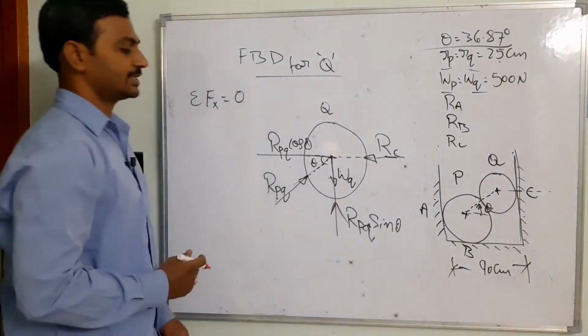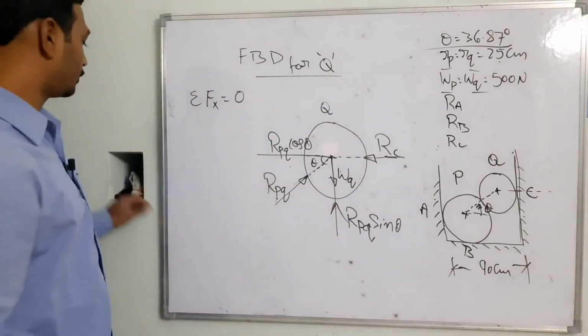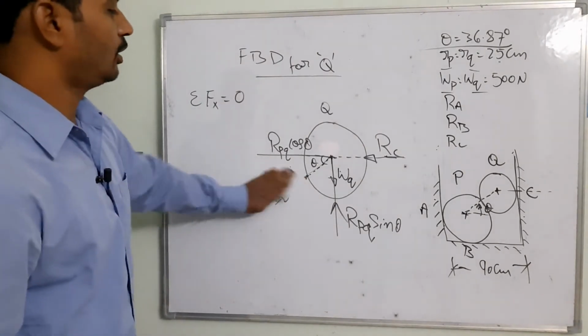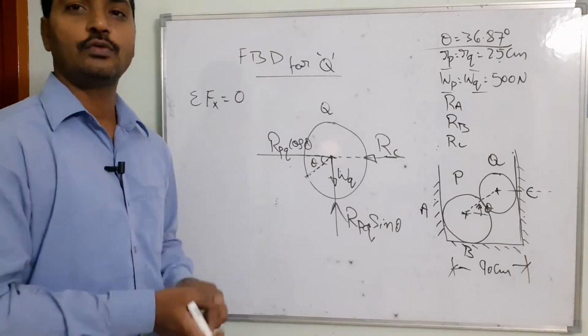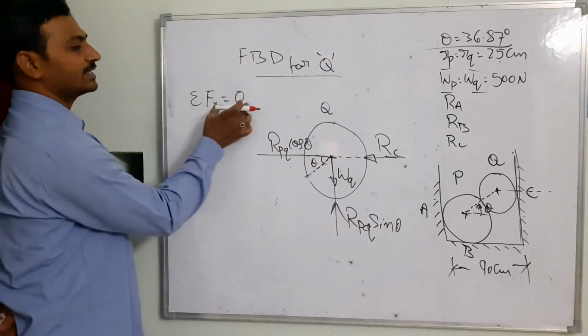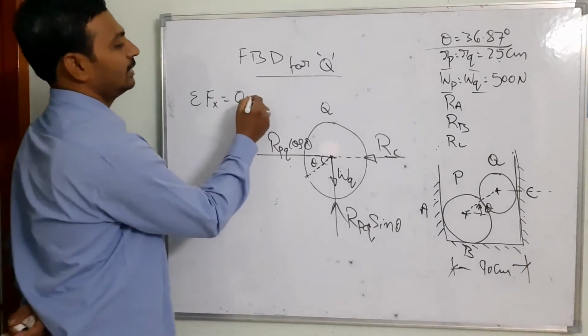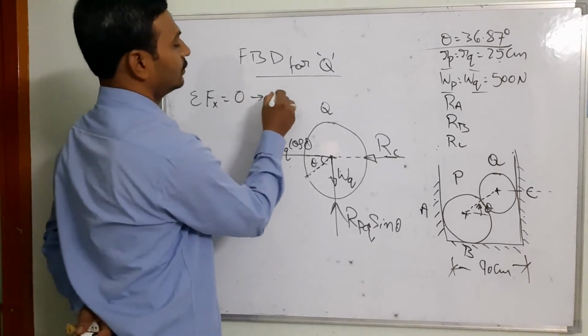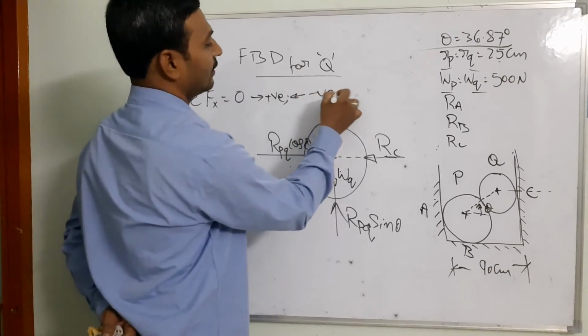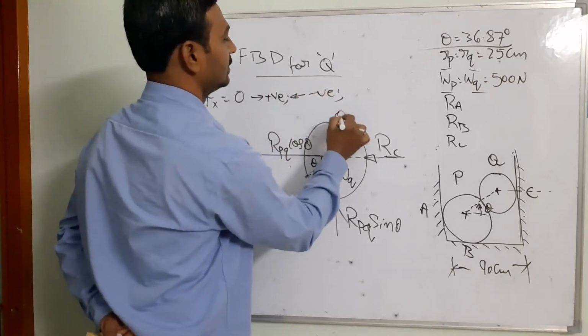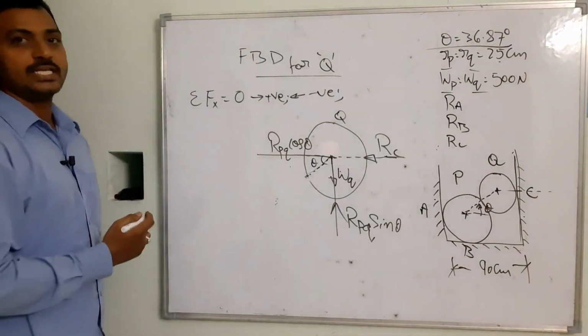I have resolved this force into two, so I remove the original. For sigma Fx equal to 0, the positive direction is towards the right side and the negative direction towards the left side. That is your sign convention.